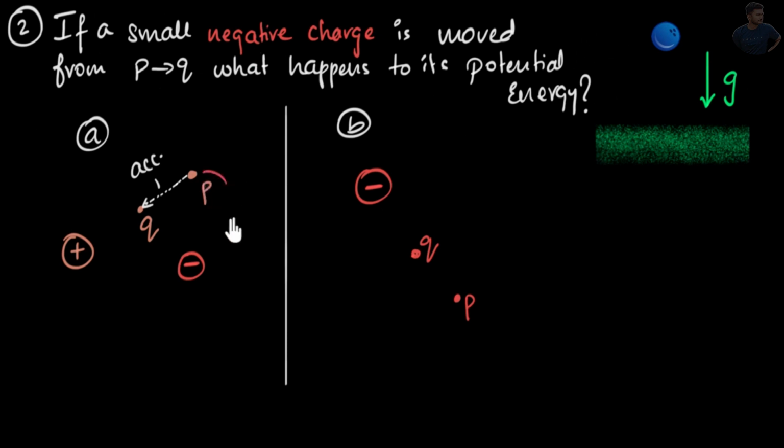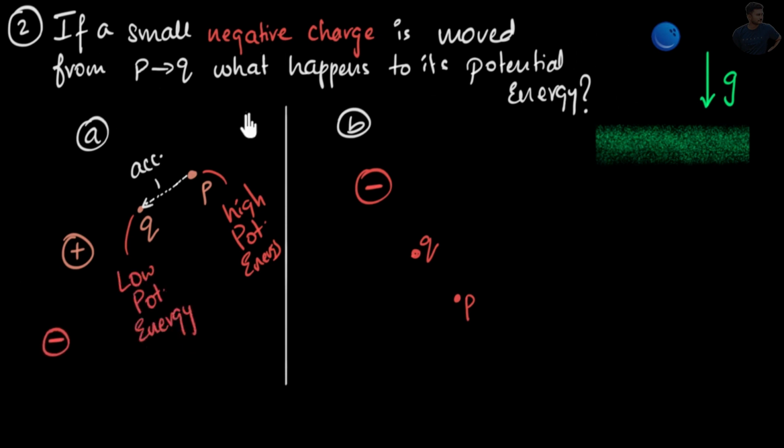It should have high potential energy. And at this point, you should have, let me move this to the side, low potential energy. So what happens? As it goes from P to Q, its potential energy drops. But before we move on, there could be some confusion based on what we did earlier.